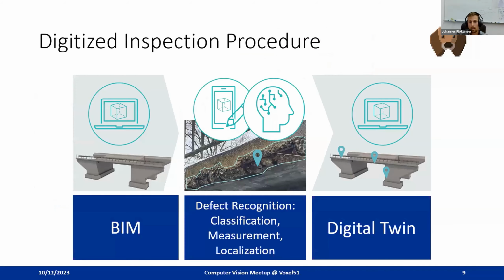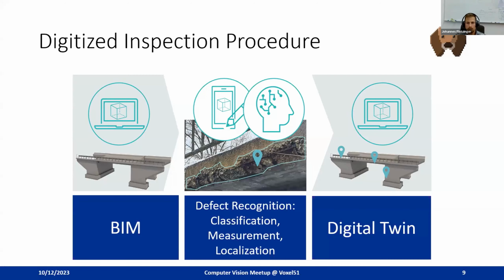So how do we imagine the process of visual bridge inspections? The digitized inspection, as we define it, is structured as follows. First of all, we generate a building information model, which is displayed on the far left side. The building information model is basically a 3D model of the according building, and it also has some metadata, like the building material, the age, the kind of concrete, for example, and so on.